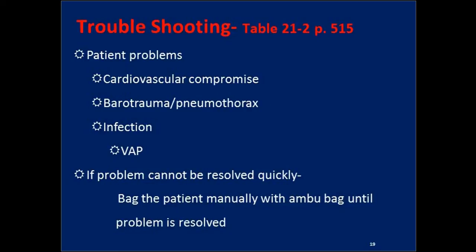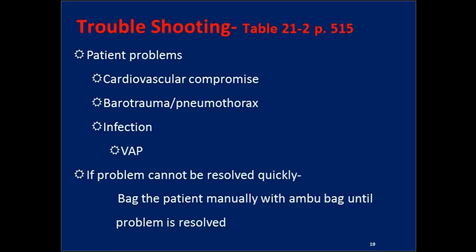You should always remember that if you find yourself in a situation with an intubated patient and you know that there's something wrong, the alarm's going off, the sats are dropping, you know that the patient is not being ventilated properly, you can always disconnect the patient from the ventilator and manually bag them with an ambu bag through the ET tube or through the trach, and that's fine. You can manually bag a patient at any point in time. There's nothing wrong with doing that.